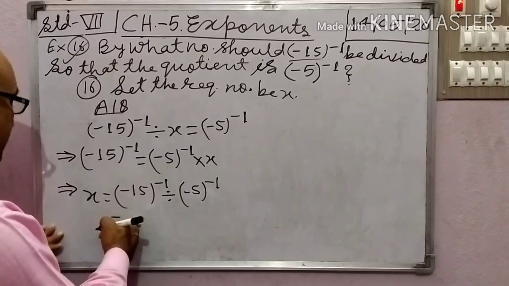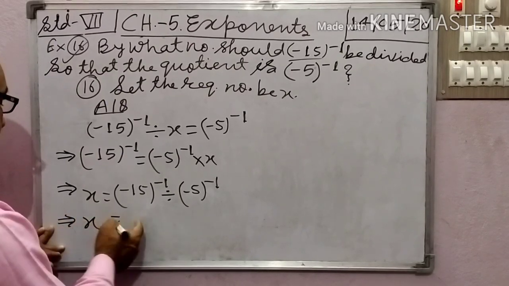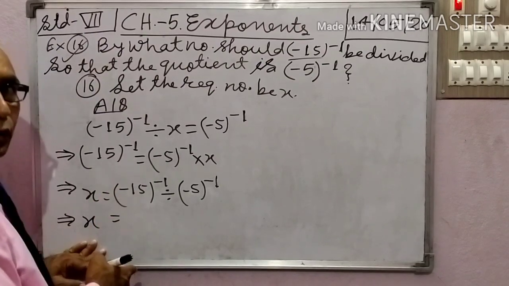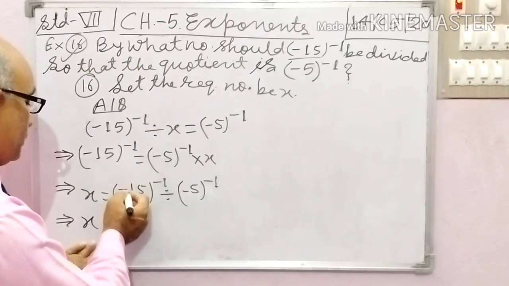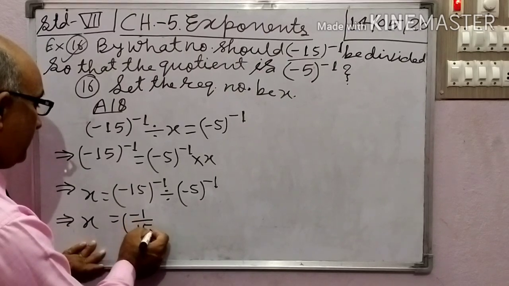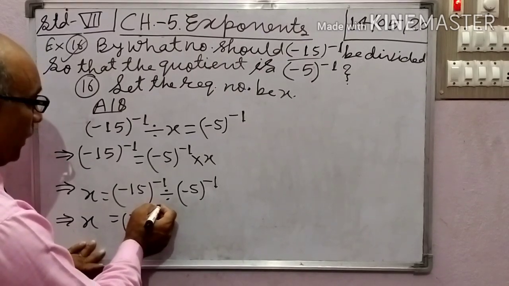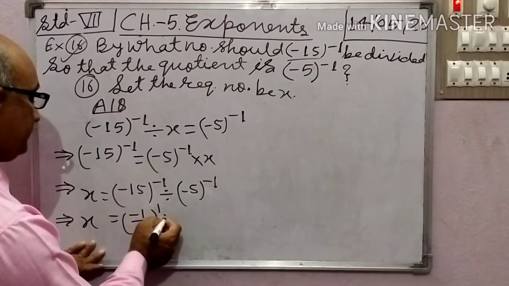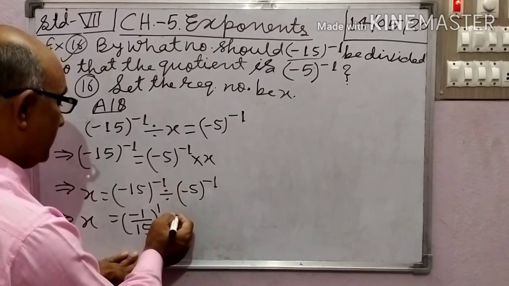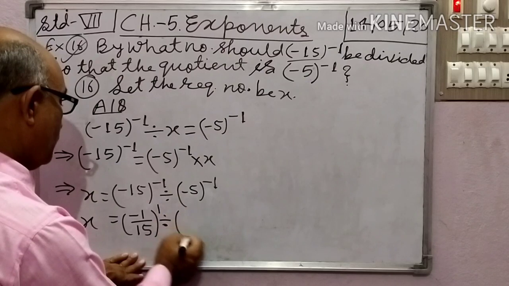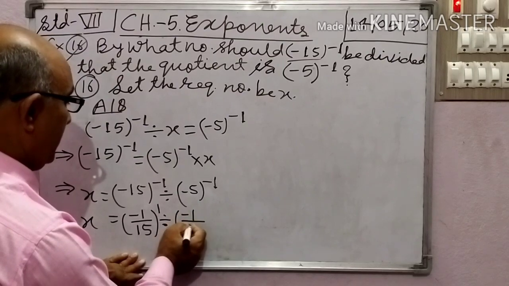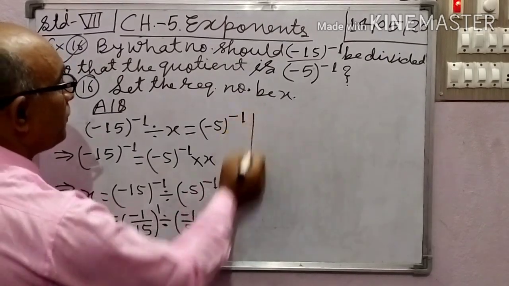With the help of exponent, (a/b)^-1 equals b/a. So -15 by 1 changes into -1 by 15, divided by -5 by 1 to the power -1, so change it, -1 by 5.